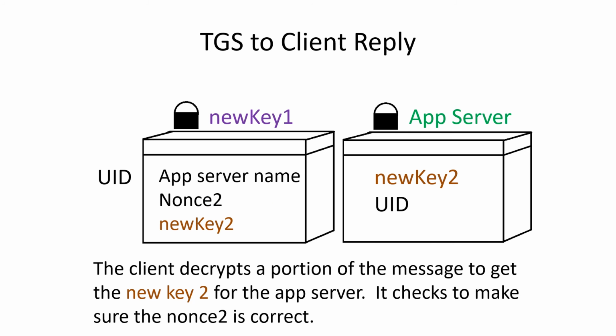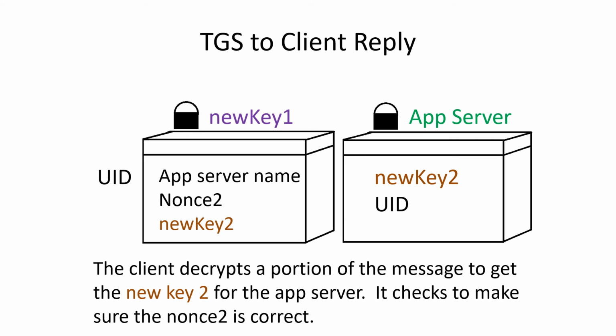The ticket granting server then checks and sees everything's okay and that this user is allowed to access that server, and then creates another message that it sends back. And these are two parts encrypted with different keys. Using the new key, this is the key that the authentication server created to share between that client and the ticket granting server, and that's used to encrypt the application server that it wants to access.